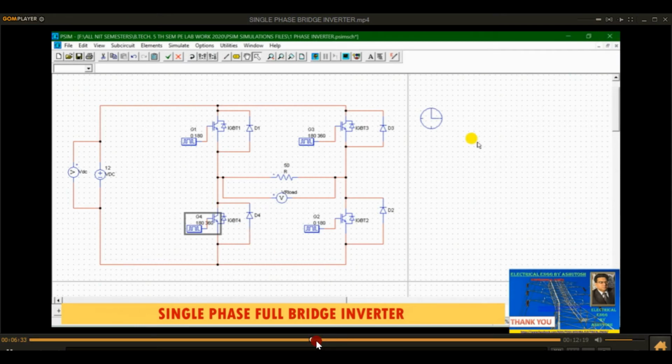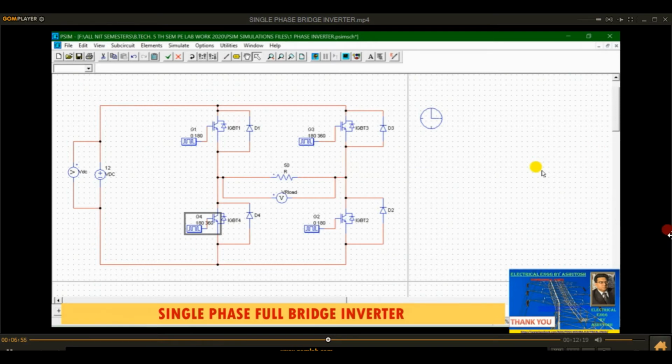What happens, guys? When IGBT1 and IGBT2 are triggered simultaneously, only two thyristors are turned on in half of the time period of the AC cycle.